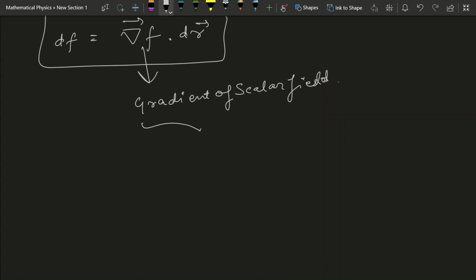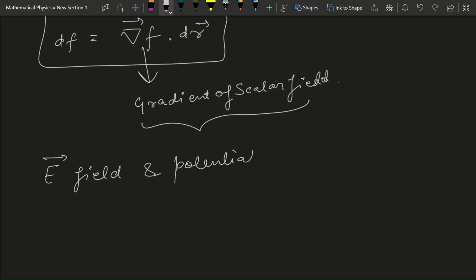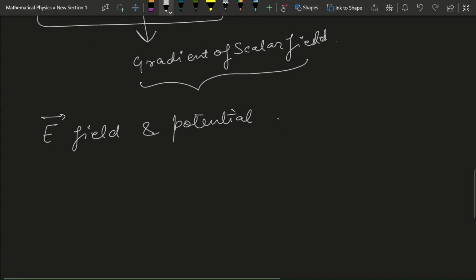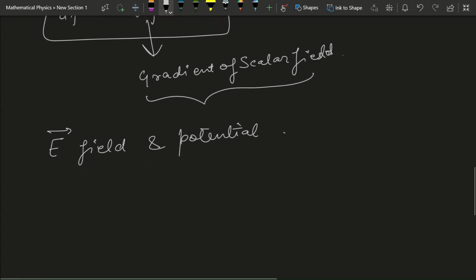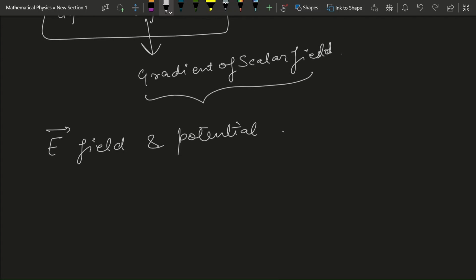And what this thing actually is, if you remember, we study electric field and potential. We have a relation between these two quantities: the change in potential is given by the dot product of electric field with the displacement vector.